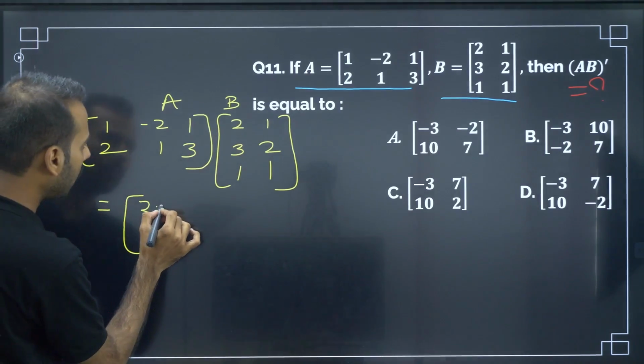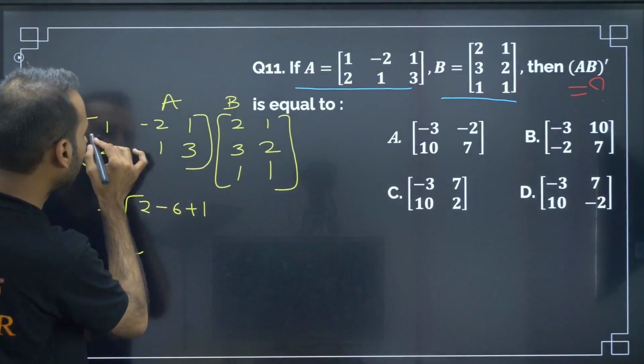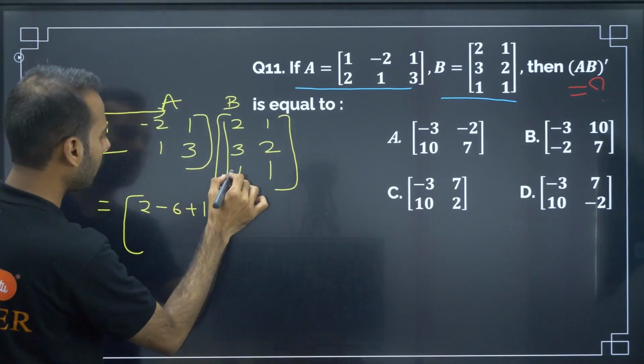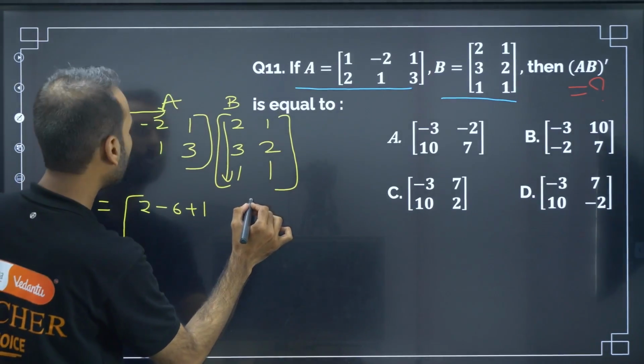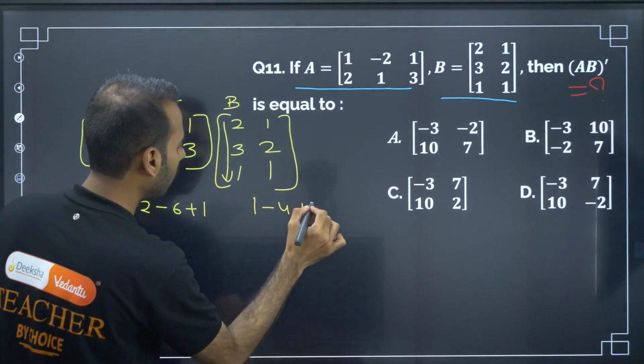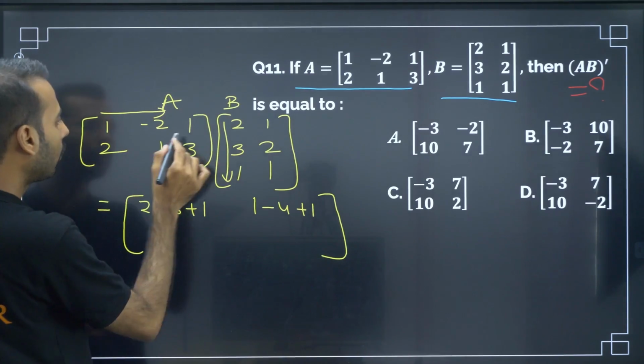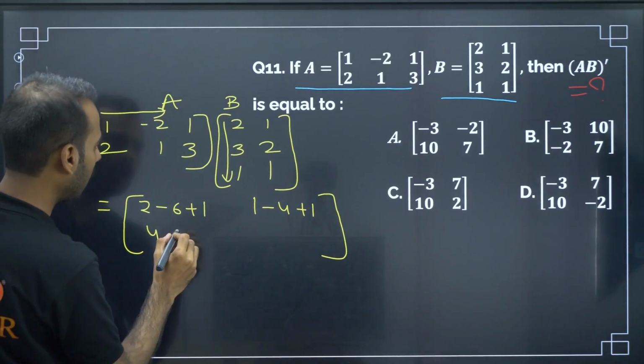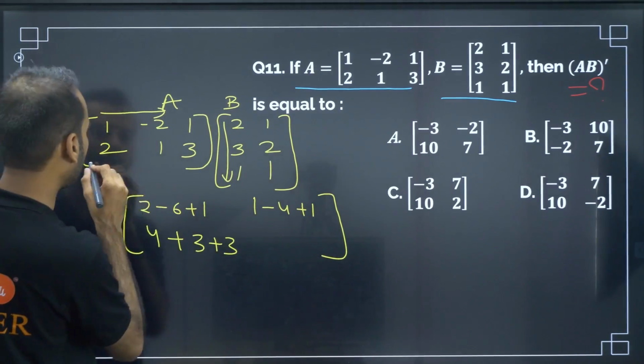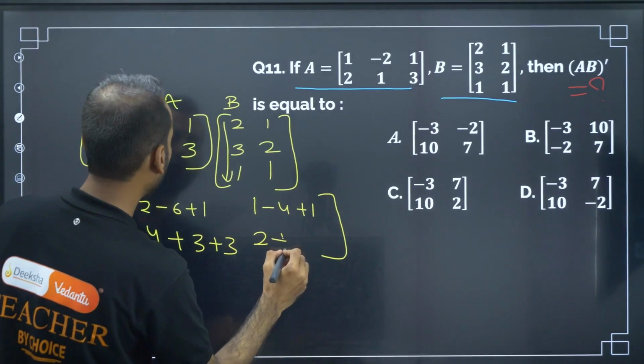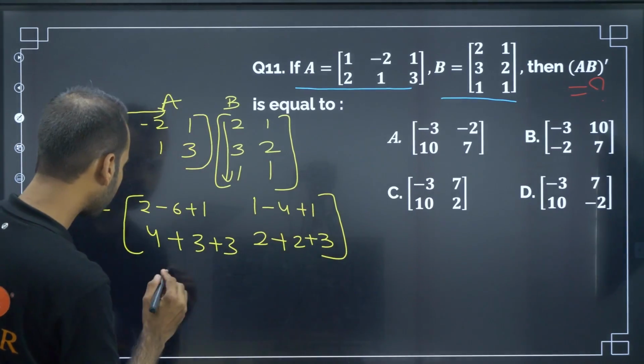If I go for multiplying, what I will get? 2 minus 6 plus 1. I have to multiply this way, this way. So 1 minus 4 plus 1, and then 2 2s are 4 plus 3 plus 3. Next 2 1s are 2 plus 2 plus 3.